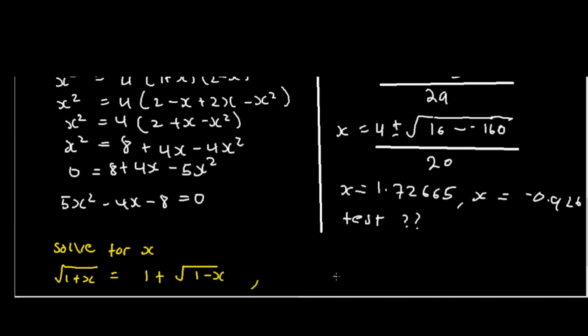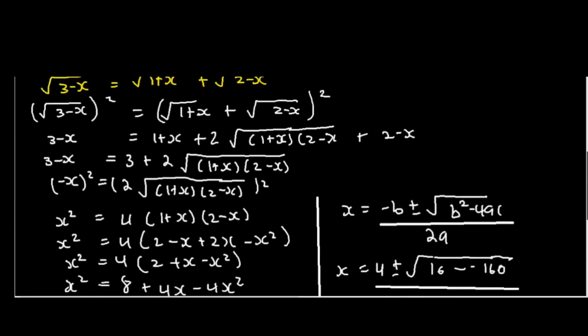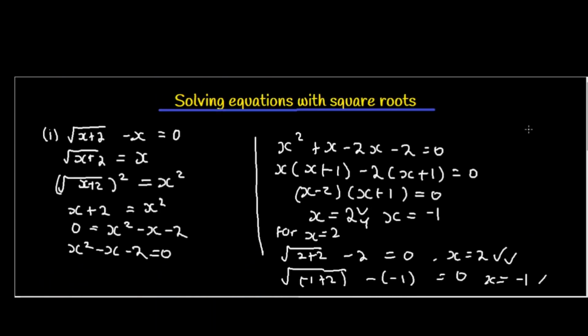And then we can also have the square root of 2x plus 1 being equal to root x plus the root of x minus 3. Alright, you can try out those two questions, and that marks the end of solving equations with square roots. Thank you for watching.